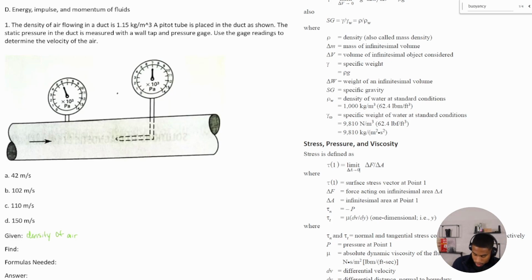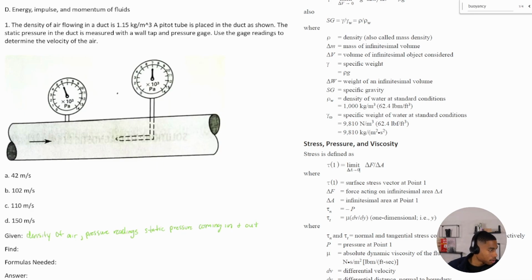We're given pressure readings of the static pressure coming in and out.